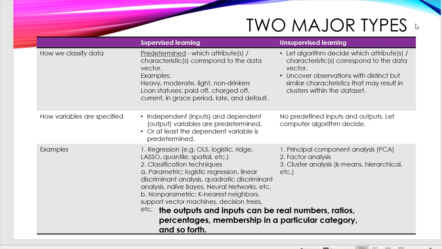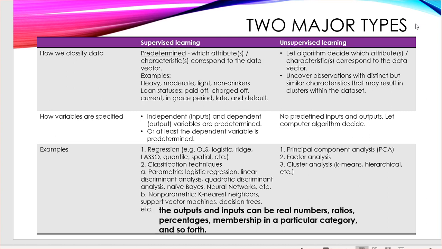So just remember, when we do PCA or factor analysis, we are classifying the columns of the data, or the variables, or the measures of the data. When we do cluster analysis, we are essentially classifying the rows of the data.